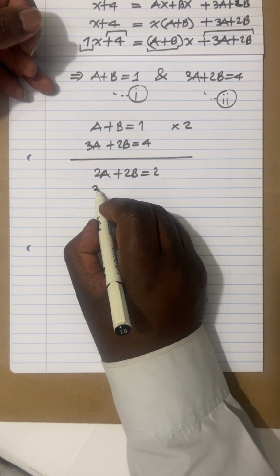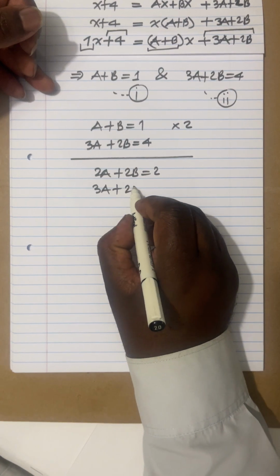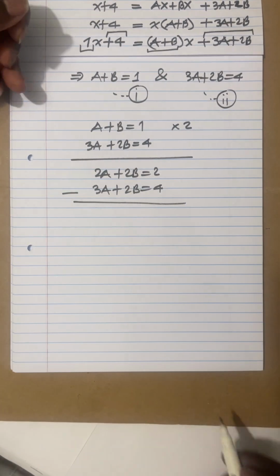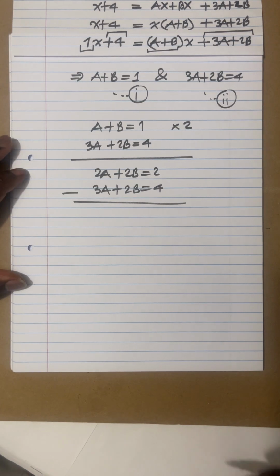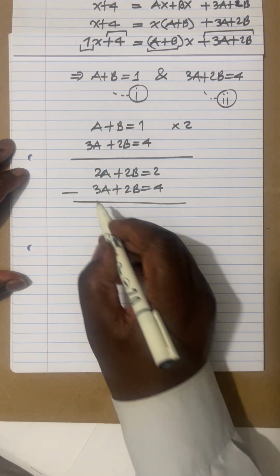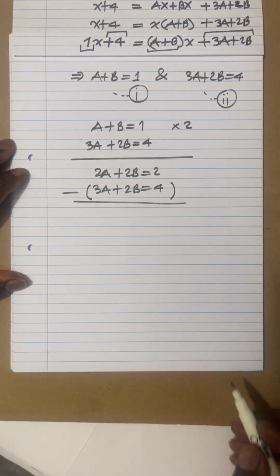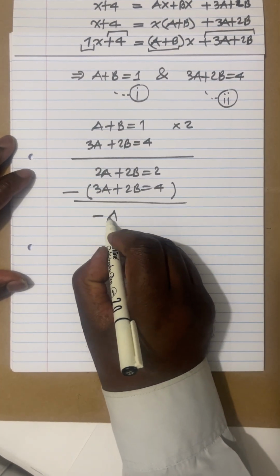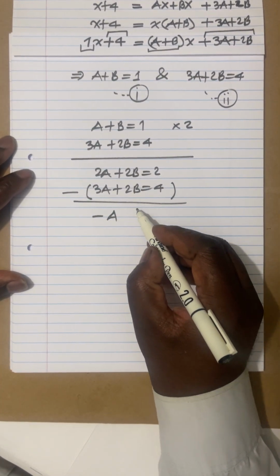The second one here remains 3A plus 2B equals 4. What do I do next? I subtract. I'm subtracting the second equation from the top one. 2A minus 3A, the answer is minus A. 2B minus 2B, the answer is 0.